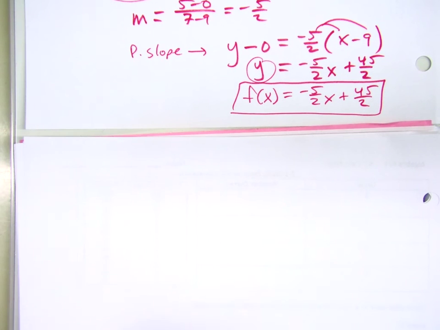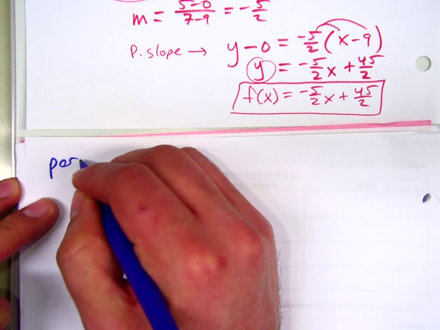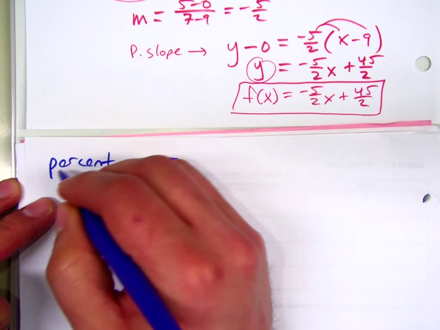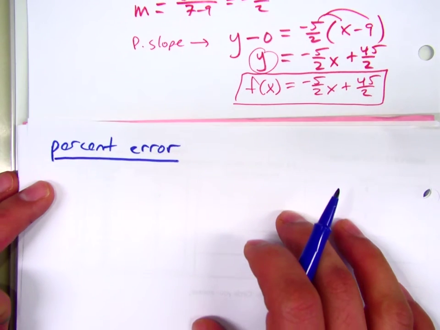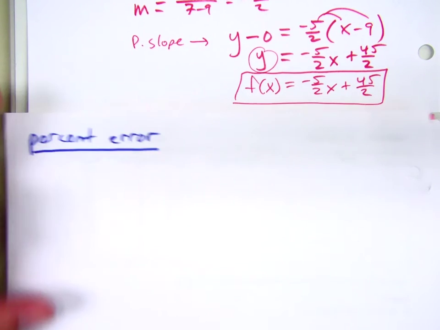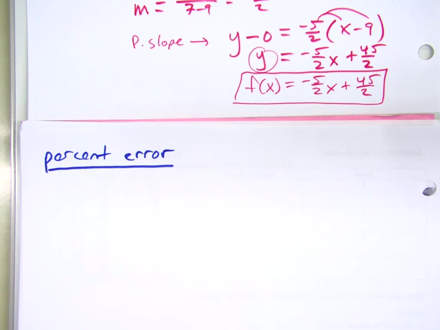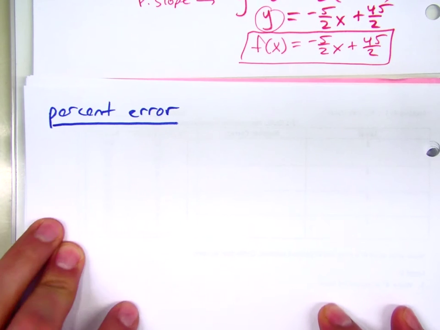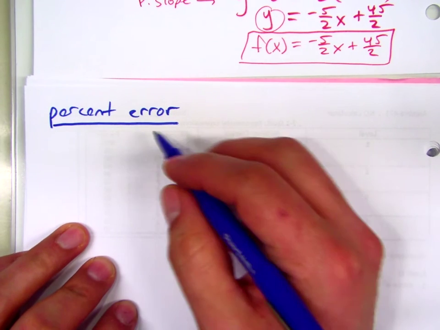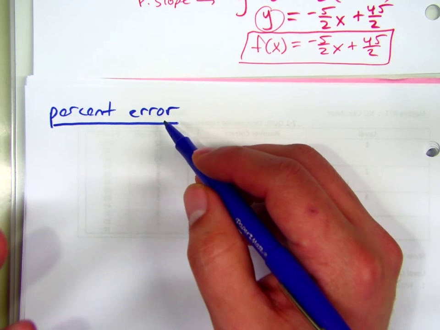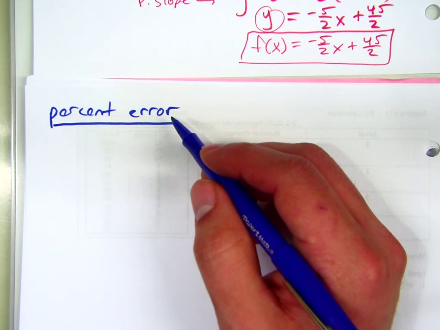Let's talk about something we call percent error. Percent error, you're just trying to figure out if you compare an estimate or an approximation to what it should be, what the error is.